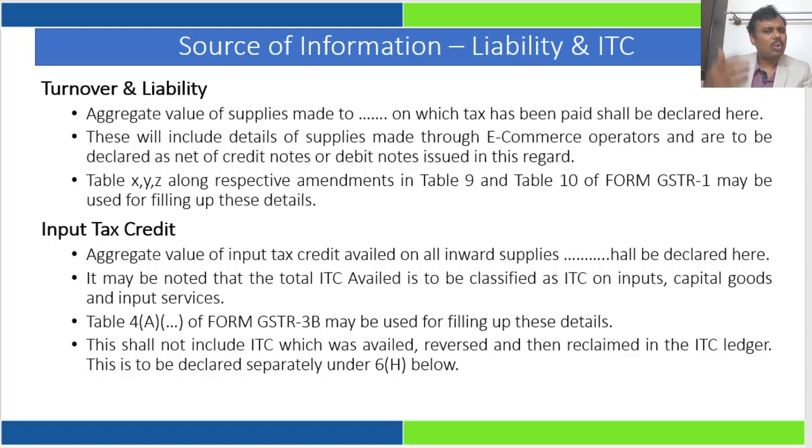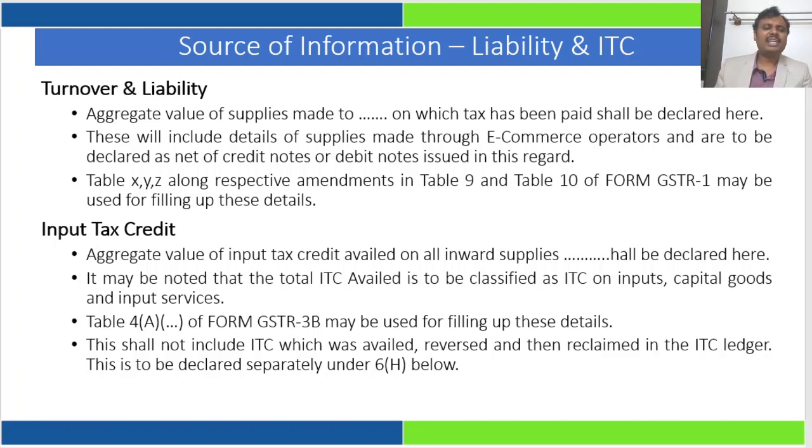Having said that, one leeway that you will be getting is in GSTR 3B, if you have not done a proper segregation between 4A1 to 4A5, you have an opportunity to rightly present whatever credits you have availed. Please note, the credits which have been availed have to be classified into input, input services and capital goods. Very crucial information.